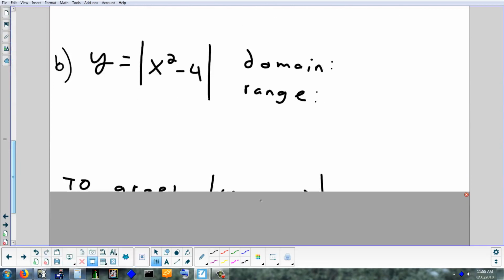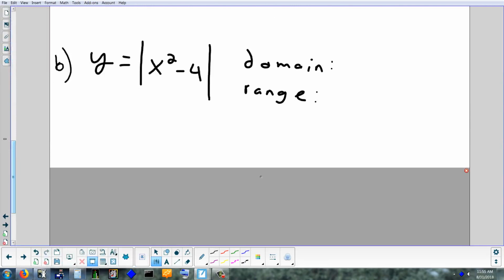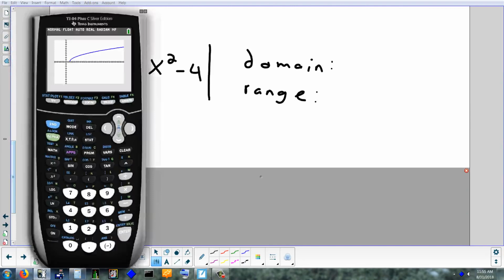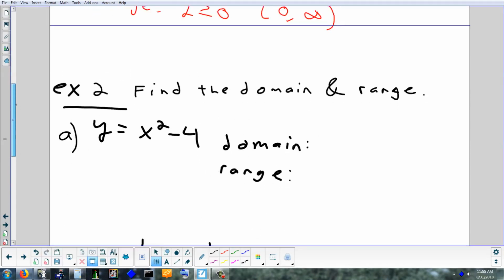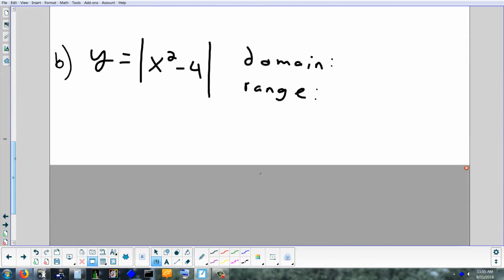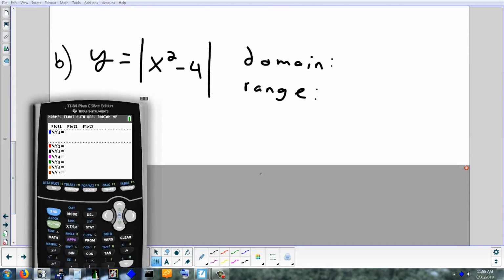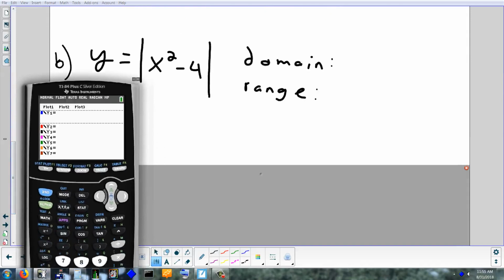Try this one. Just because it has absolute value, and I don't think I've shown you where that button is yet. All right, so to graph absolute value, the directions just say find domain and range, same as the last problem. Absolute value is under math, right below alpha.